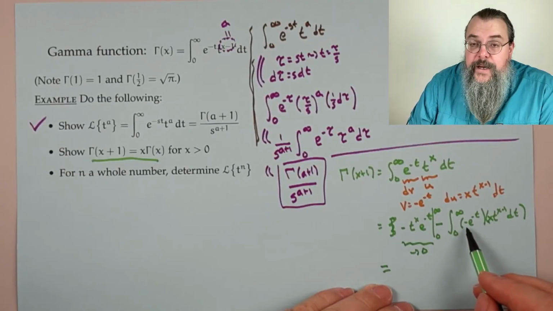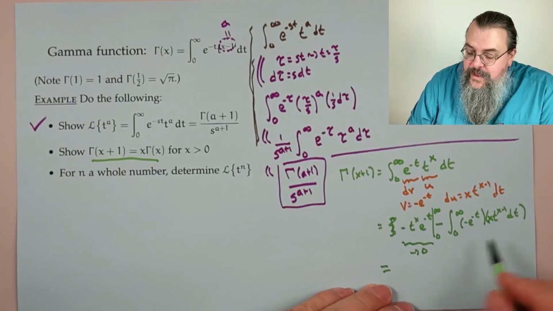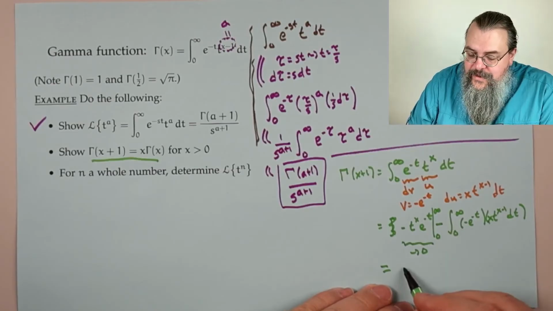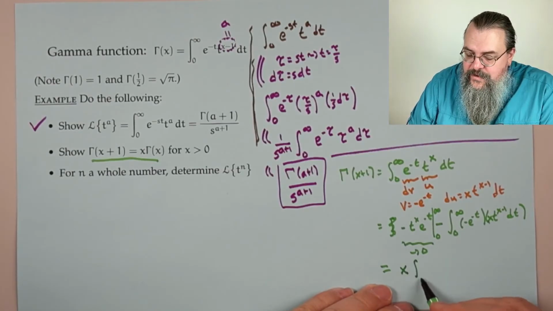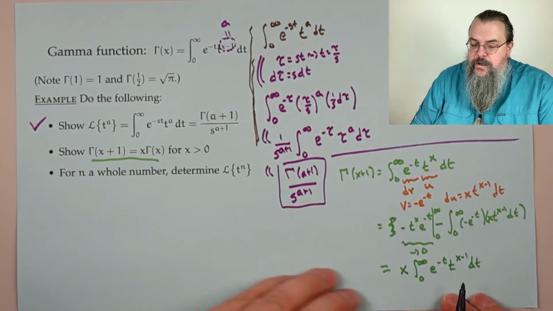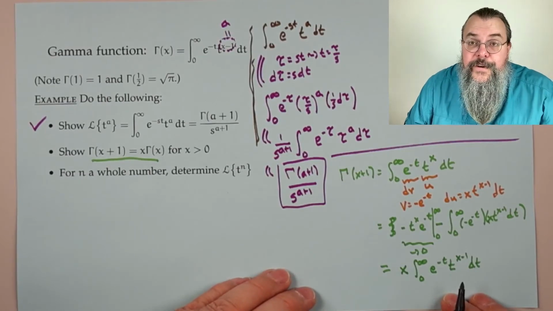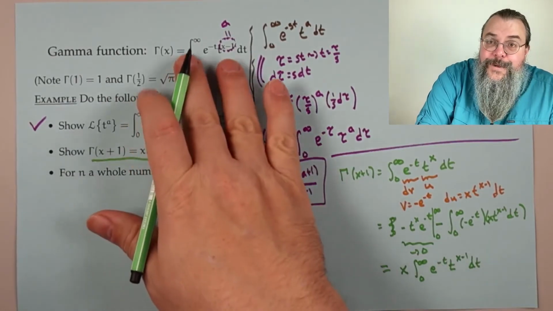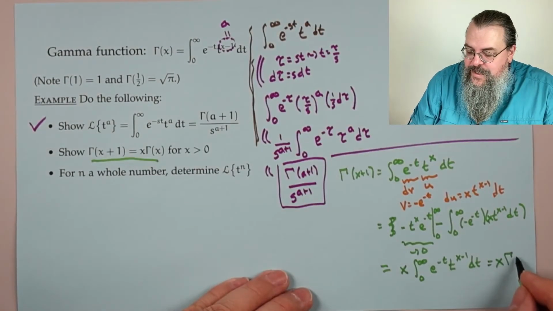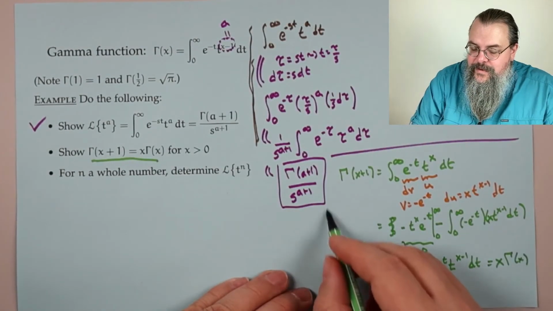Well, minus a minus, plus, and then x is a constant. So go ahead and pull it out. So you have x integral 0 to infinity e to the minus t, t x minus 1. And then I say, whoa, that feels really familiar. Yeah, it's what we have up here. So that is our x gamma x.